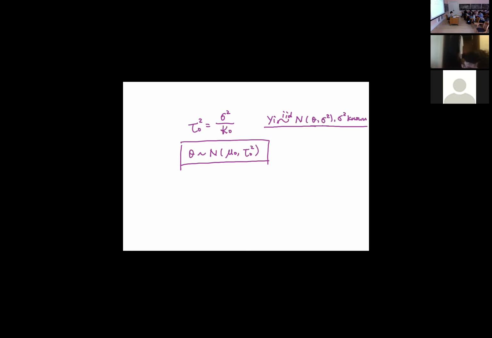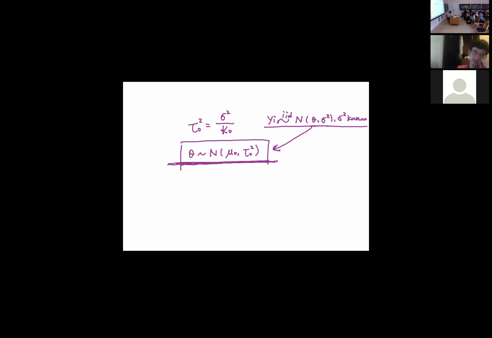Because I want to make inference about theta, and because it's conjugate, I start with a class which is normal again. I start with the prior to be another normal, and then I do the derivation and realize it's conjugate, okay?